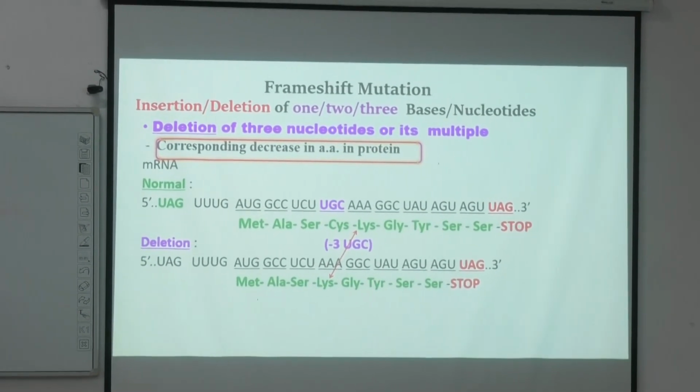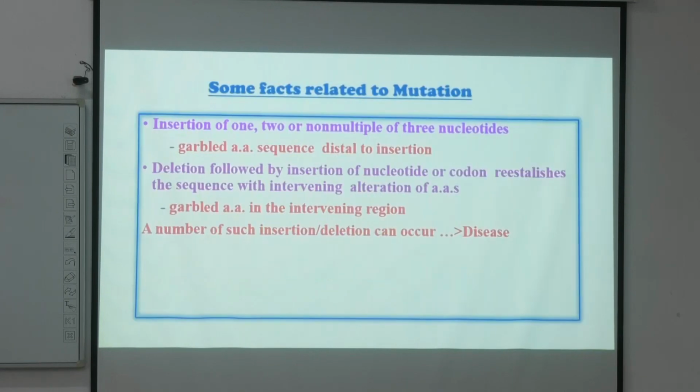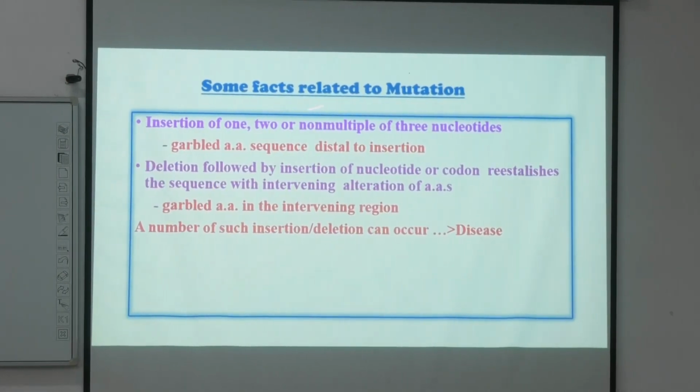obviously that one ability to incorporate. You see whether the insertion is of one or non-multiples of three. Non-multiples of three, that is 2, 4, 5, 7, 8, 10. Right?